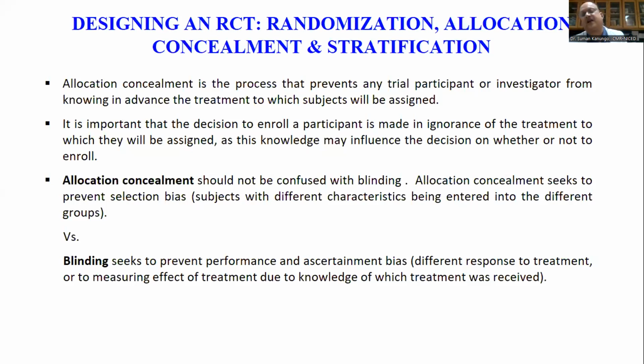If the trial participant knows that I am getting the active intervention, say a vaccine, my attitude may change, and my behavior, my way of living may change. And if the investigator knows that the participant gets the active one, I'll take care of them better. So concealment of allocation is very important. It is different from blinding. When I talk about blinding, this will come.